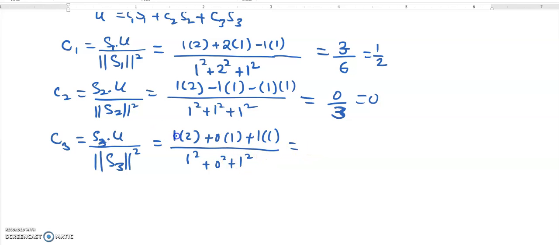So what you get is 2 plus 1 is 3, over 1 plus 1 is 2. So it will be 3 by 2.